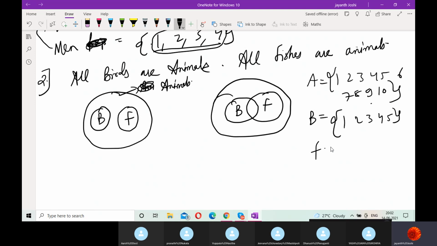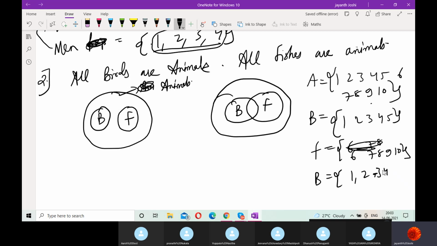Fishes are also there in animals. There can be two cases of this. 6, 7, 8, 9, 10, or birds can be 1, 2, 3, 4. Either no bird will be a fish, or some birds can be fishes.